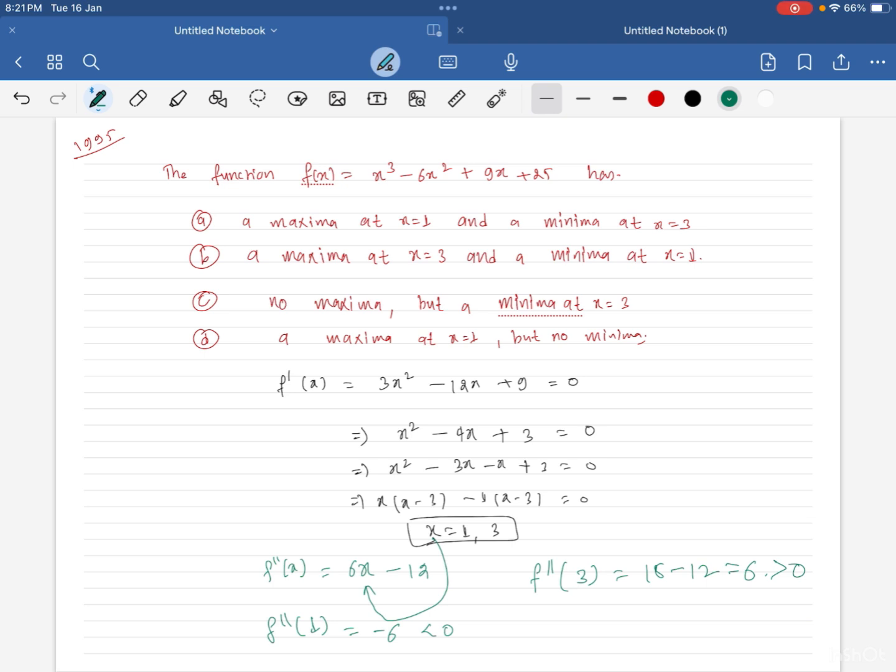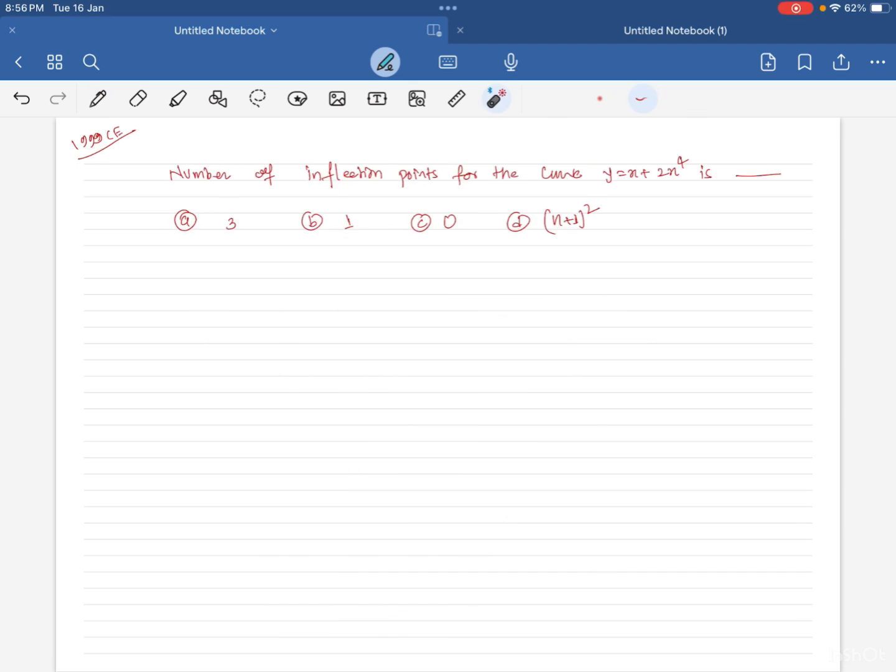What does it mean? That x equal to 1 will be a point of maxima and x equal to 3 a point of minima. So A is the correct answer for this.